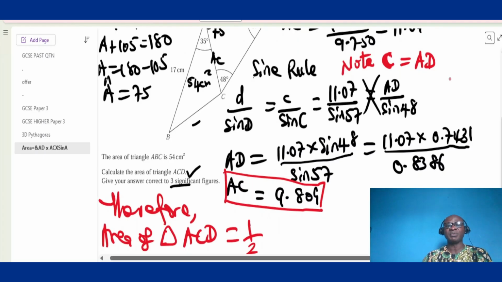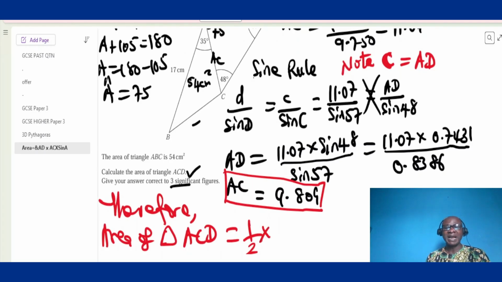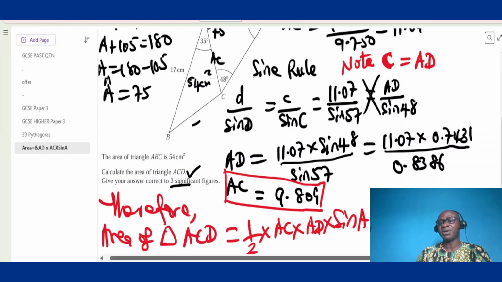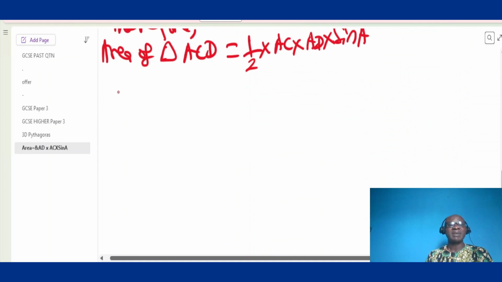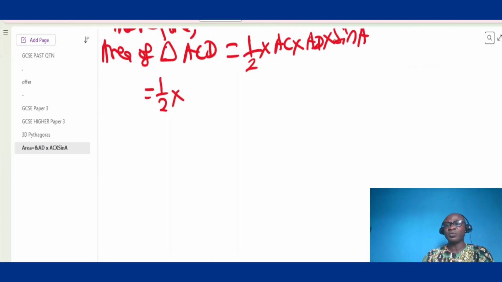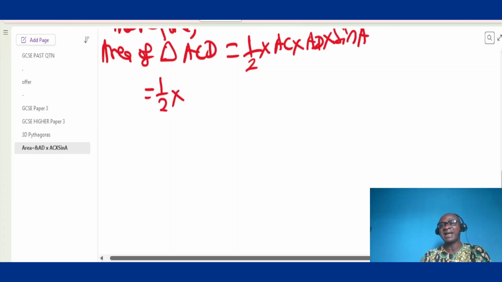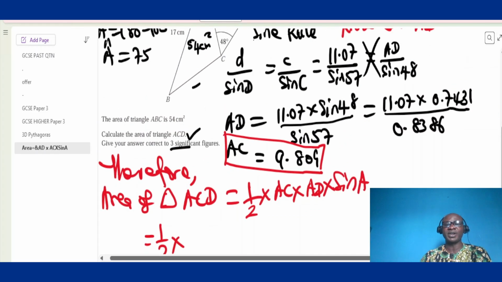So it is now going to be half multiplied by AC multiplied by AD multiplied by sine of the angle that is there, which is A. That is 75. That is what I mean by angle A, because I'm referring to triangle ACD.